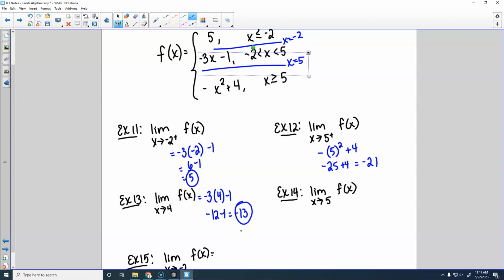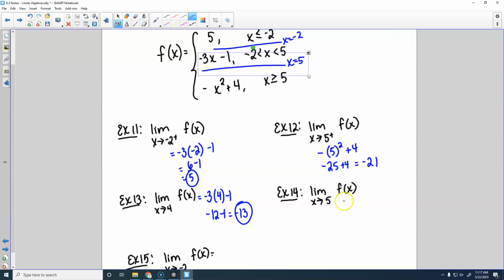You don't get asked those questions a lot, the ones that fall perfectly inside of the ranges, but if you do, you just plug that number in there. Most of the time, though, they're going to ask you about negative 2 or positive 5 because those are the interesting points of the graph.